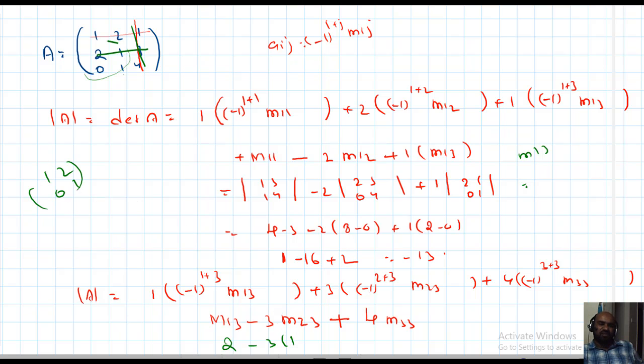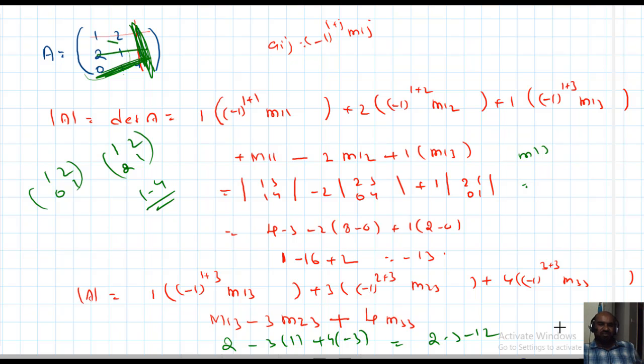Then plus 4 into M33: this row and this column should be removed. The resulting matrix is 1 2, 2 1, so 1 minus 4, that is minus 3. Now I want to simplify: 2 minus 3 minus 12, so minus 13. What did you get? Minus 13. Here also you got minus 13.